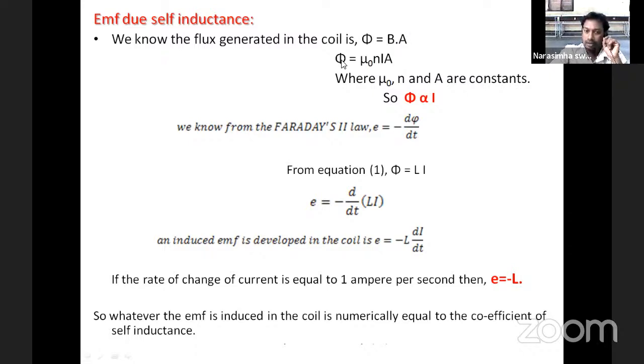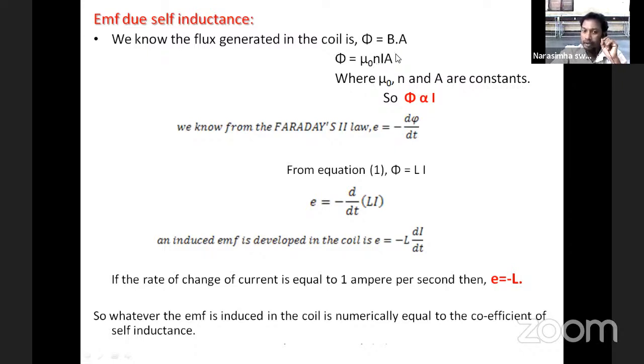What will be the B value here? The magnetic field due to the solenoid is mu naught n I. Mu naught is the permeability of free space, n is the number of turns associated with the coil, and I is the current flowing through the coil.